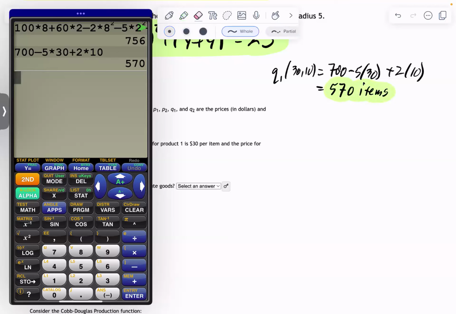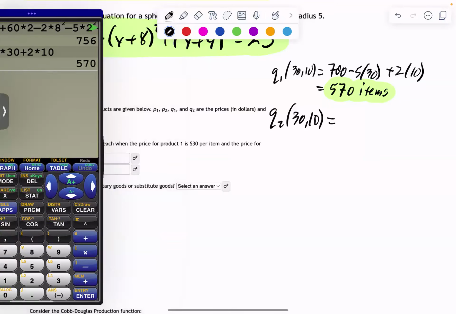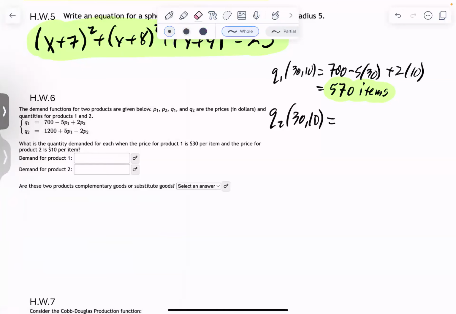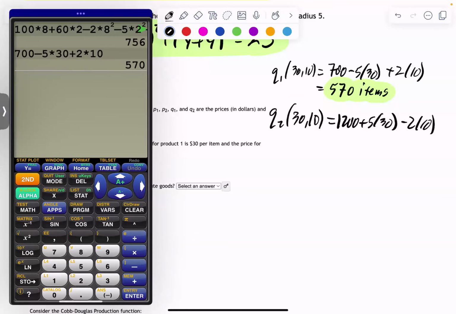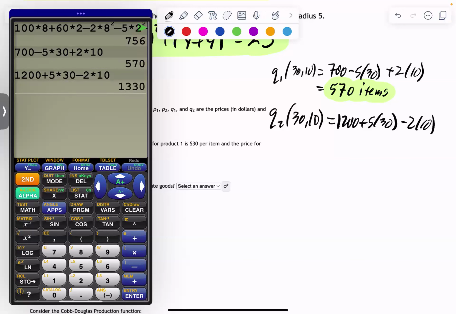Q sub 2, when P sub 1 is 30 and P sub 2 is 10, is 1200 plus 5 times 30 minus 2 times 10. So I'm getting 1,330 items.